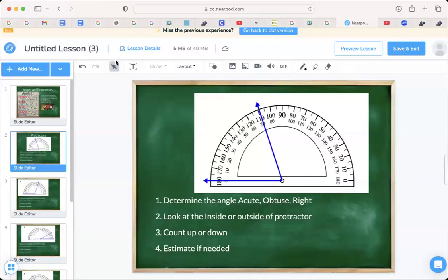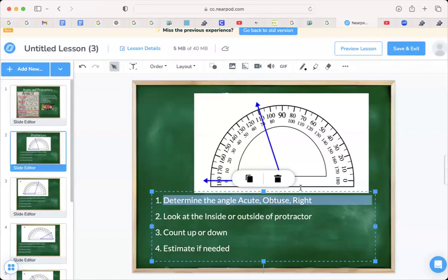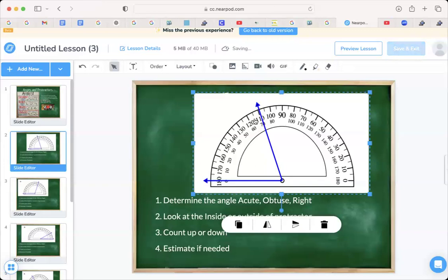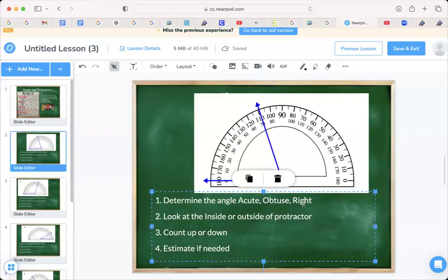All right, beautiful job. All right, so our first step says determine the angle. Does this angle look like a acute, obtuse, or a right? Well, I know that it's not a right because a right is like a perfect L and it is exactly 90 degrees.